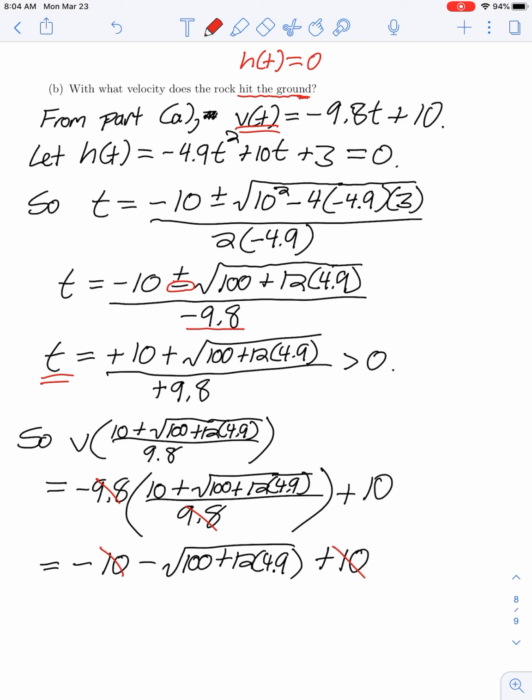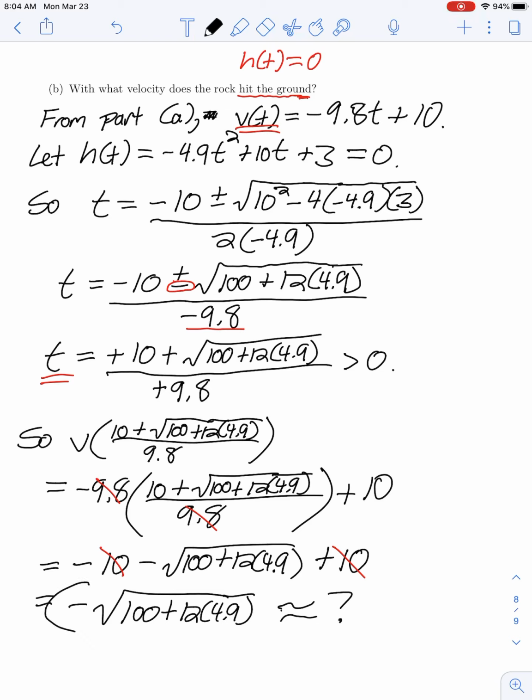So from here, our negative 10 and positive 10 will cancel, and we're left with the negative square root of 100 plus 12 times 4.9. Whatever value that works out to, without a calculator, it's a little tough to approximate.